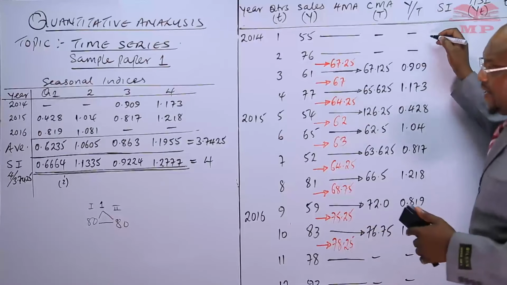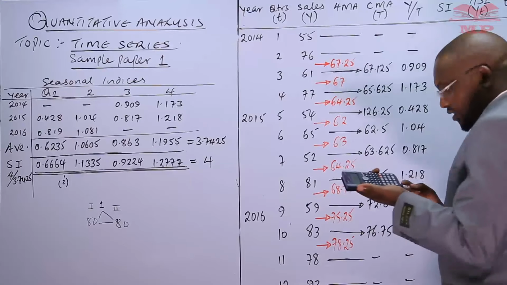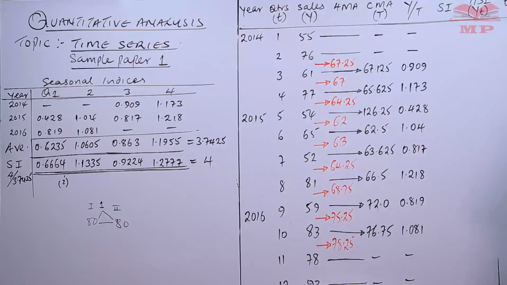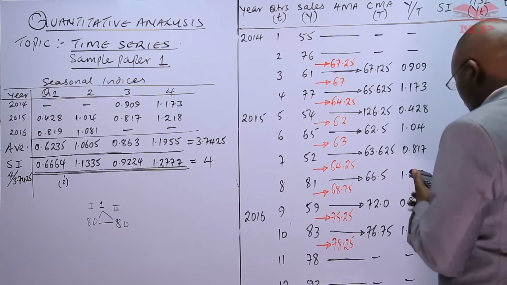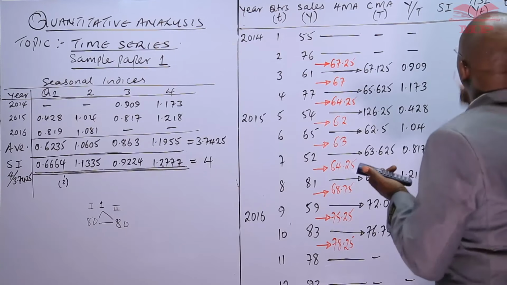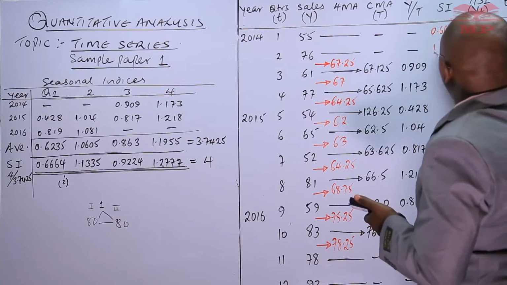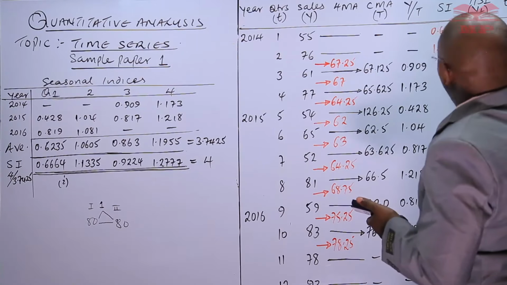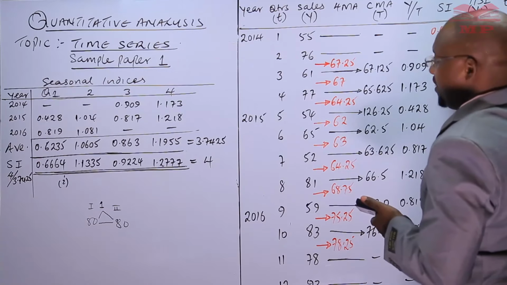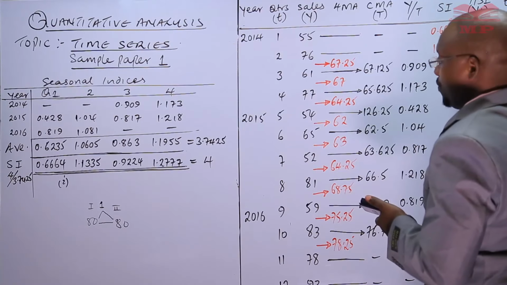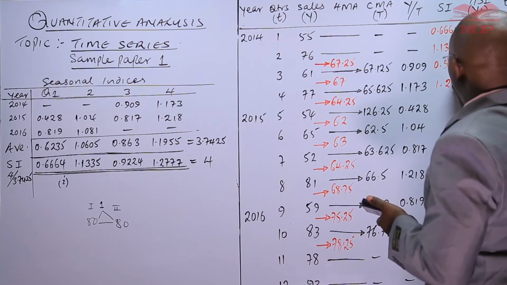Every quarter will have its index: 0.6664, 1.1335, 0.9224, and 1.27.